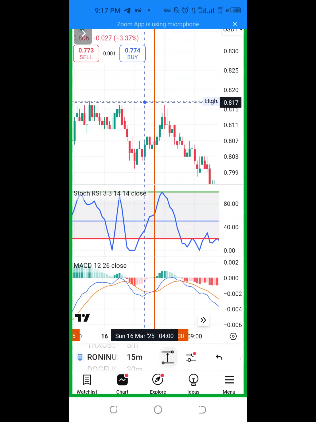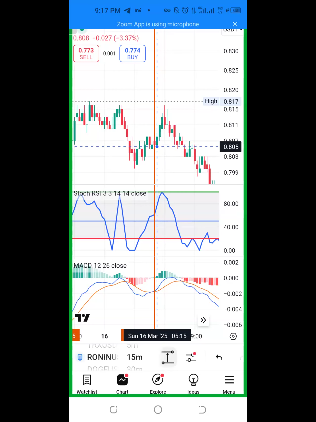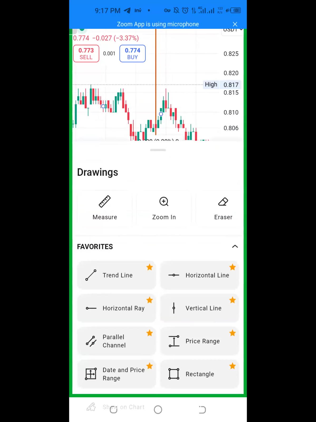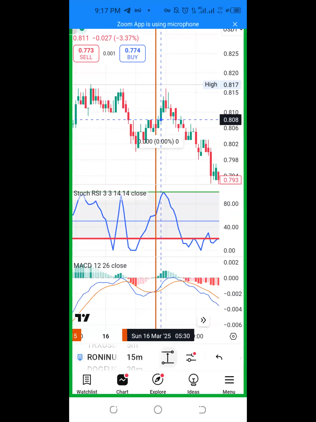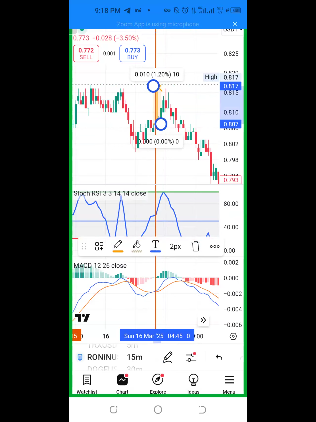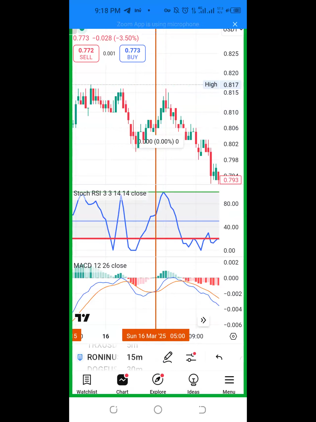I'm just trying to prove to us on the chart that it did 1.2%. It did 1.2%.